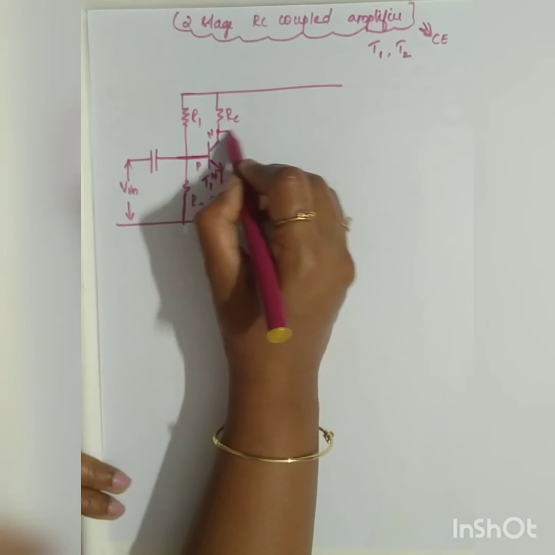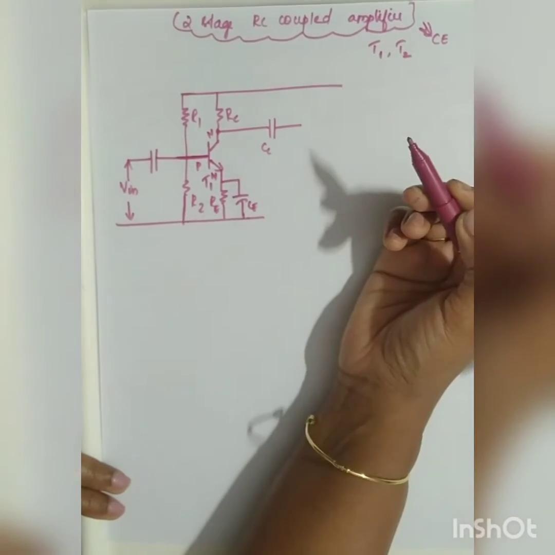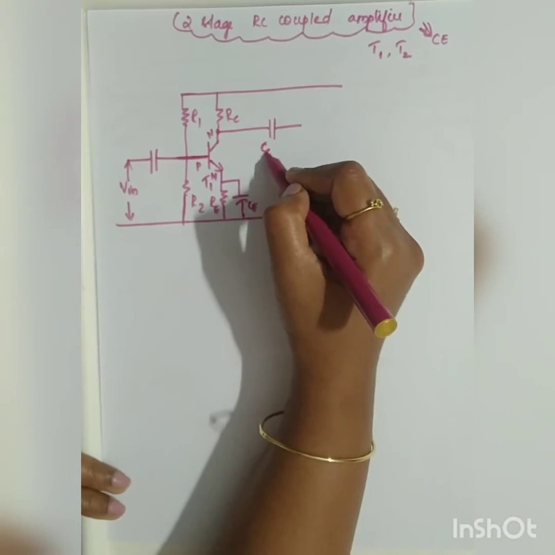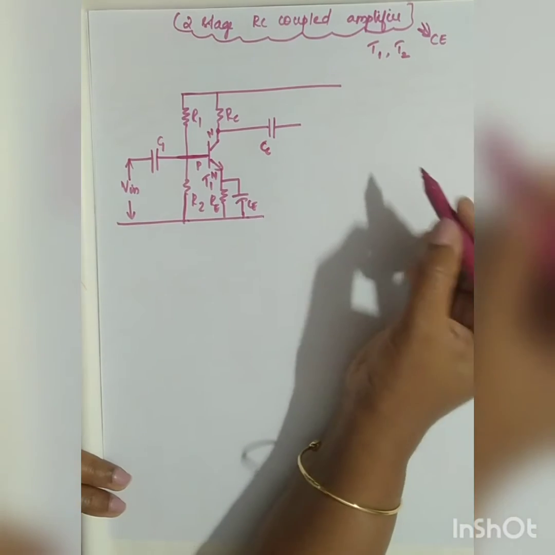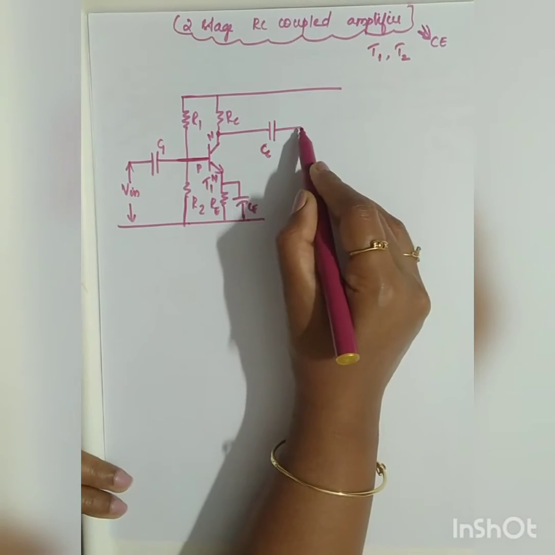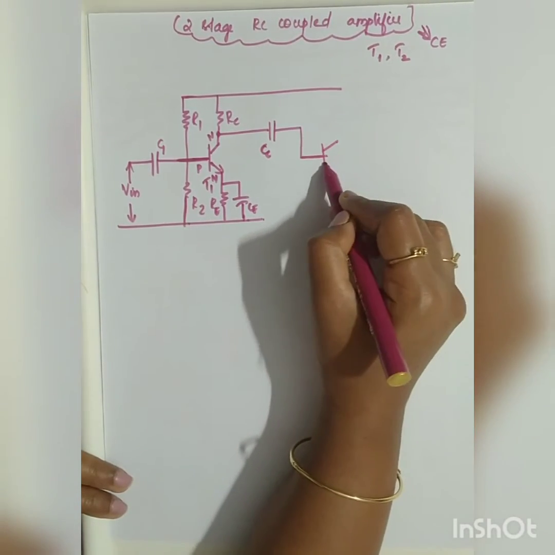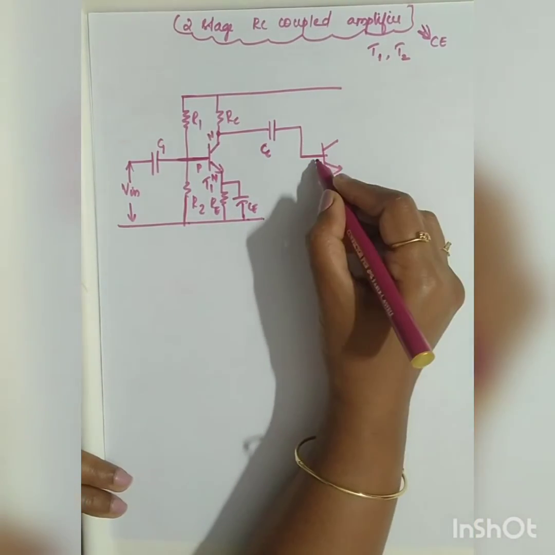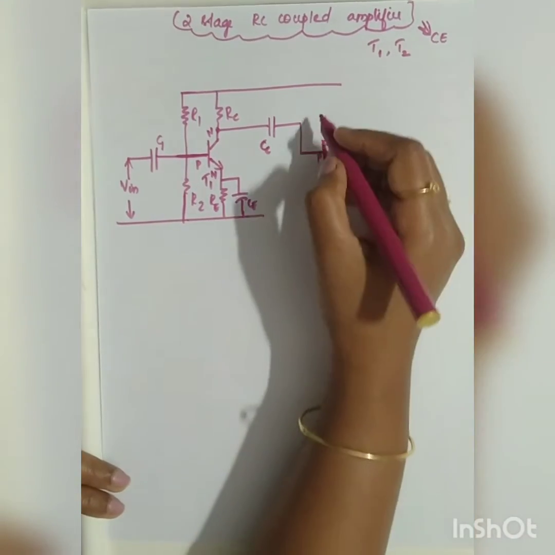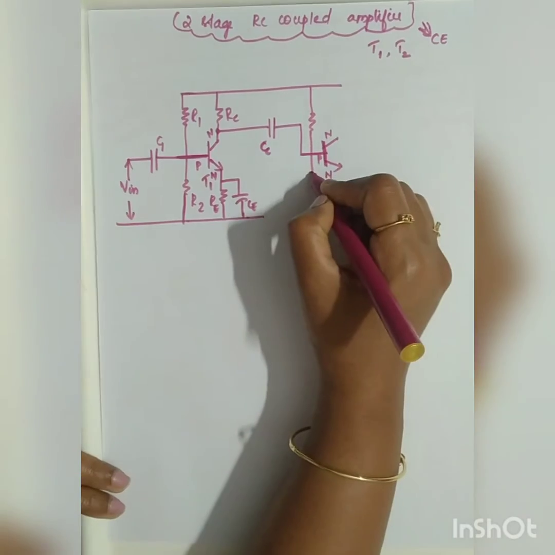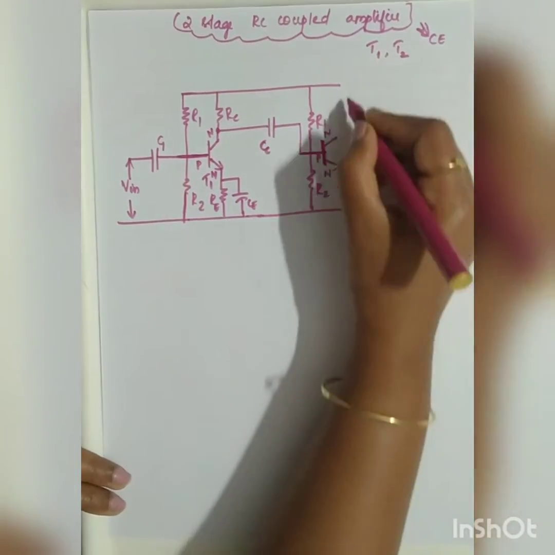Now the output of the first stage will be given as input to the second stage. So let me take this capacitor as CC, coupling capacitor. So the input capacitor I am taking as C1. Now the output of the first stage will be given as input to the base of the second transistor, NPN, right? Now again you have to repeat the same configuration. You have a voltage divider biasing R1, R2.